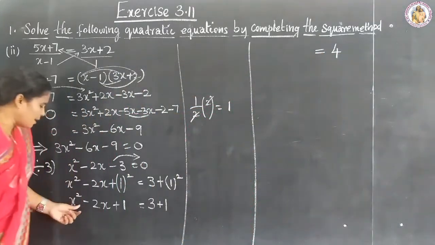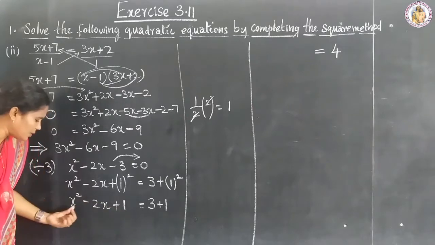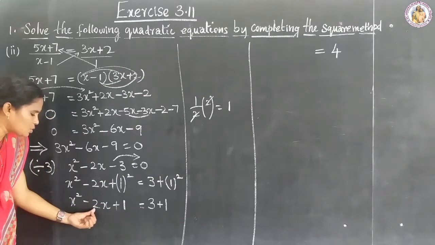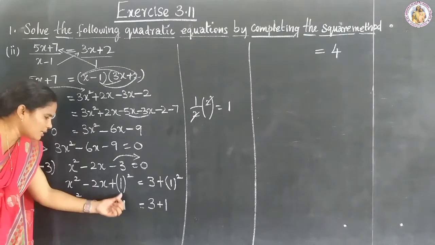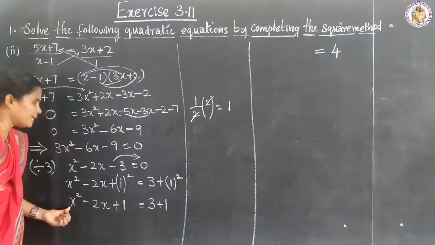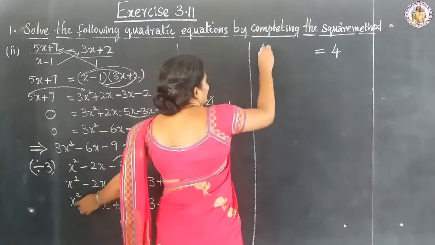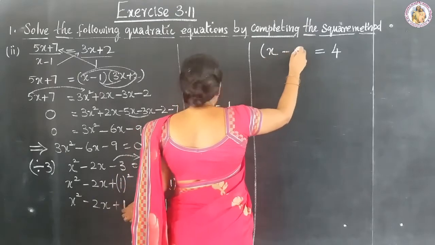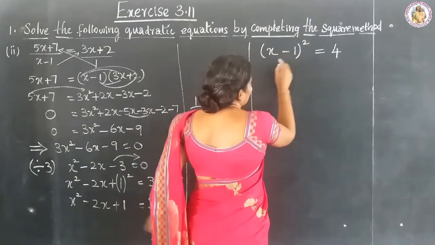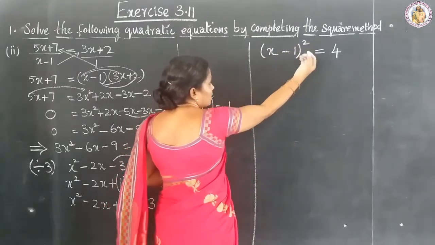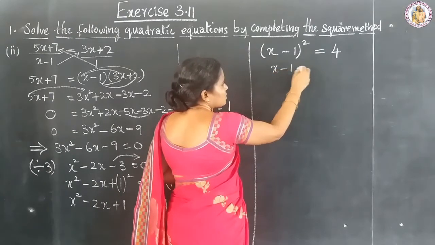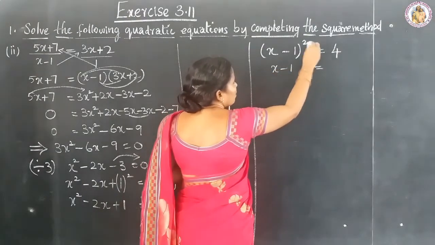So x square minus 2x plus 1 is a square minus 2ab plus b square, that is 1 into 1, 1. So write as a minus b whole square. Now remove the square, write x minus 1 is equal to 4.